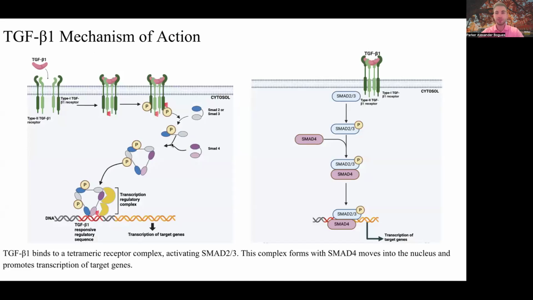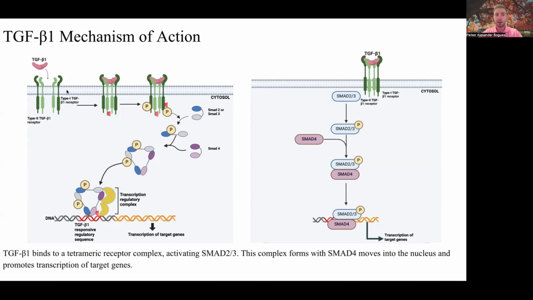So I think it's very important to understand the mechanism of action of the growth factor that I measured in this study. So again, the growth factor I measured was transforming growth factor beta 1, TGF beta 1. In the body, TGF beta 1 binds to a tetrameric receptor complex in the cell membrane, and tetrameric just means that there's 4 receptors. So this growth factor binds to this tetrameric receptor complex. This receptor complex dimerizes, meaning it comes together.